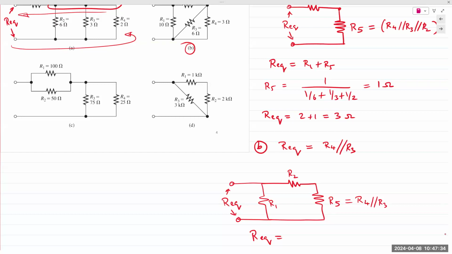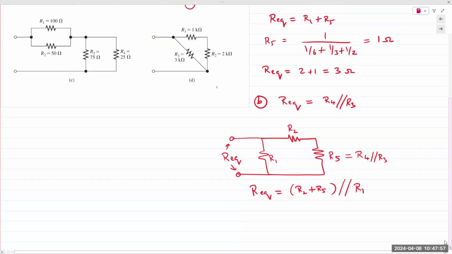Now that combination is connected by only one node. If it's connected by one node with no more than two connections, they are in series. And I can say R2 is in series with R5, which would then be in parallel with R1. Does everybody see that? Let's take a 10-second pause.